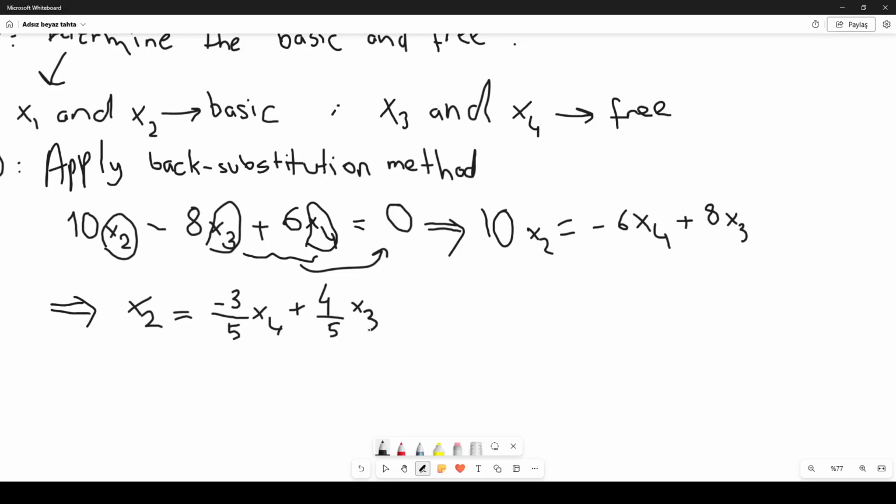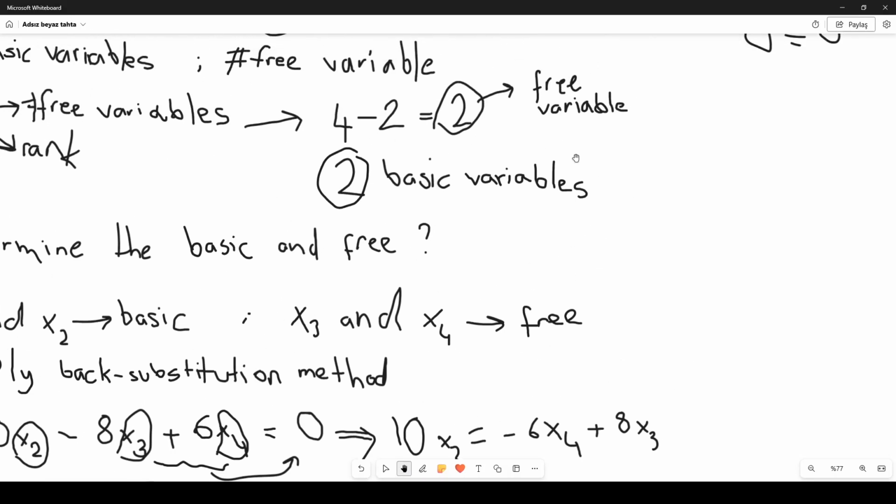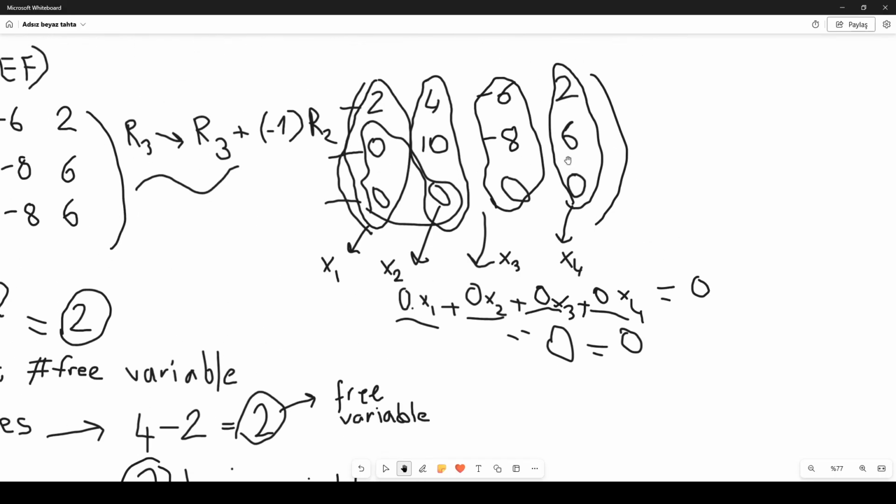Here is the thing. This is actually the first algebraic sum we obtained. Let's number it with 1, to avoid confusion. By applying the back substitution method, in the second row we got this algebraic sum.